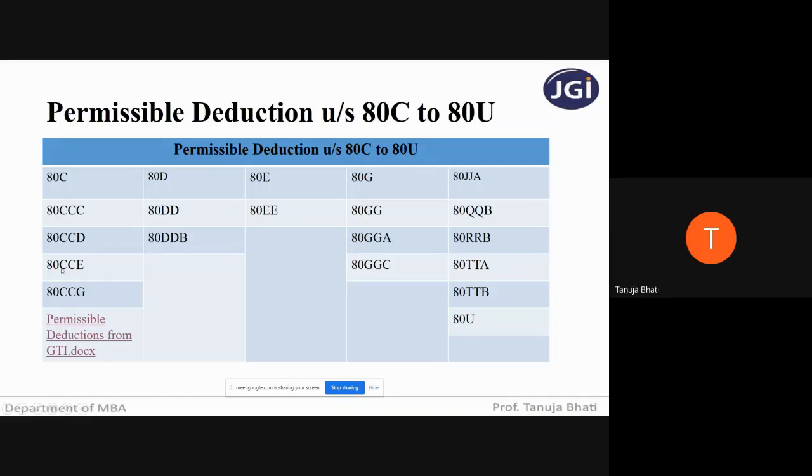And 80CCG says that if you're contributing to Rajiv Gandhi Equity Savings Scheme 2013, you will get a deduction of 50% of the amount that you invested, or 25,000, whichever is lower. So today we have completed the deductions which fall under the C category.